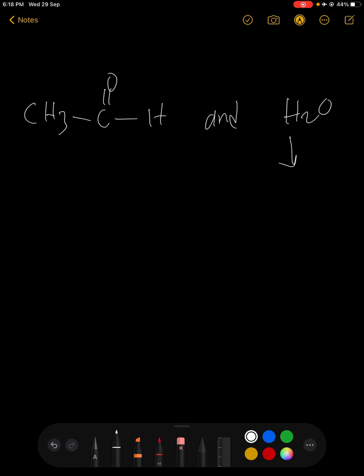Let's take another example. Let's take CH3, C double bond O, and we have H. By the way, this is called ethanol. You will take it in organic chemistry later on. And I have a water molecule, H2O. Can I make a hydrogen bond? Let's see. Do I have hydrogen that is bonded to one of the most electronegative atoms?